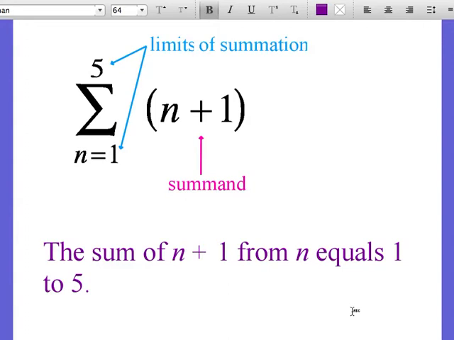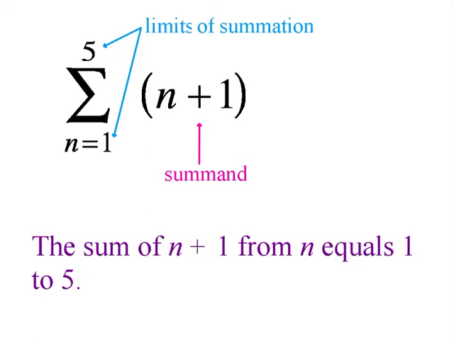What that means is I'm going to start by plugging in 1 to this, and I get 1 plus 1, which is 2. Then I plug the next number in, which will be 2. So I get 2 plus 1, which is 3. Then I plug in 3, and I get 4.